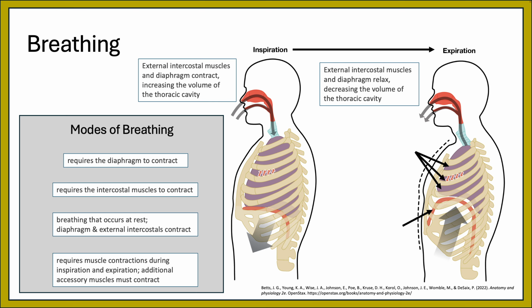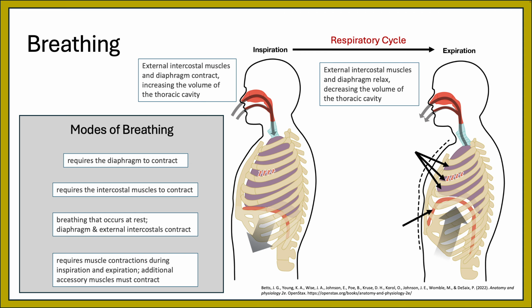When you breathe, you go through the process of inspiration and expiration. So inspiration is the process that causes air to enter the lungs, and expiration is what causes air to exit. So a single respiratory cycle is going to be one sequence of inspiration and expiration.